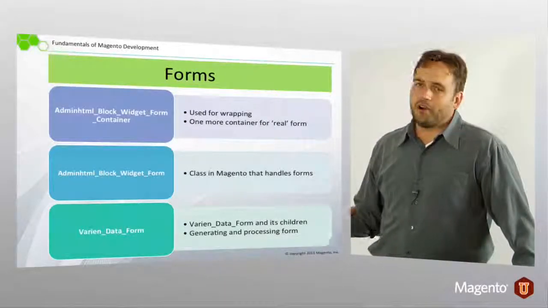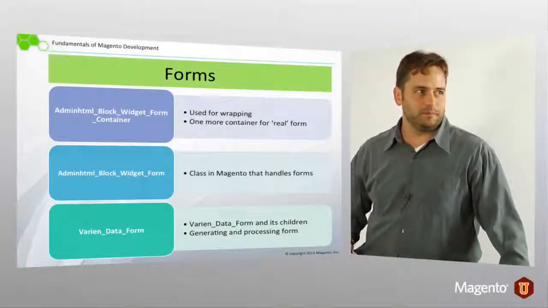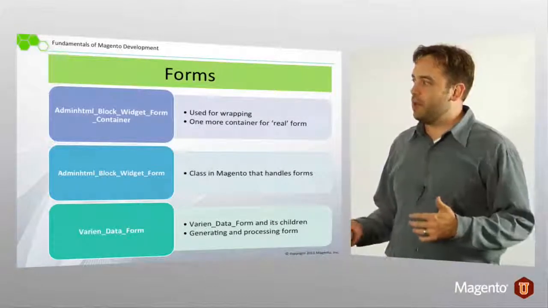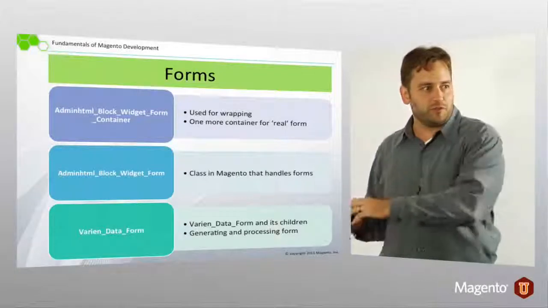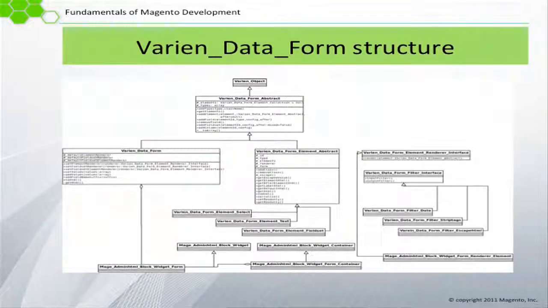So this is sort of our meta class, if you will, for all of the elements of our form. And then ultimately down here we have Varien data form, and using Varien data form gives us access to all sorts of different form controls. And this is the structure. This is on the final exam.